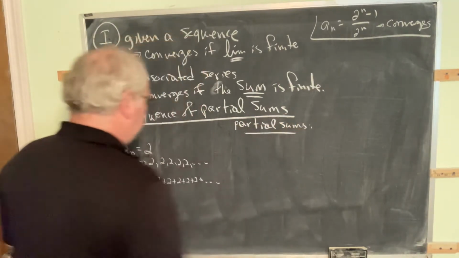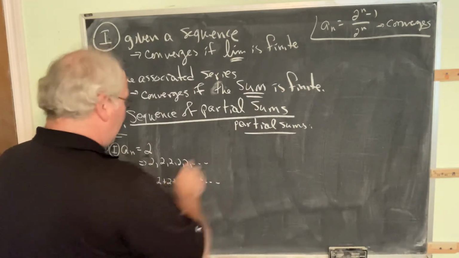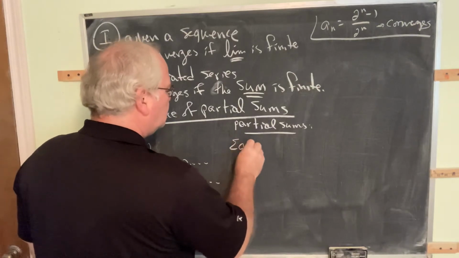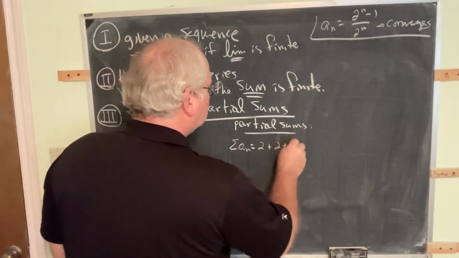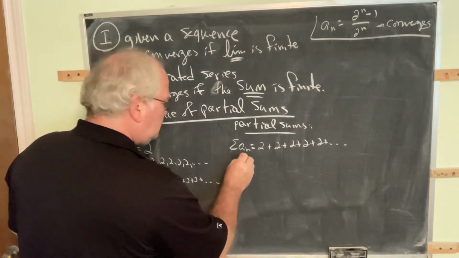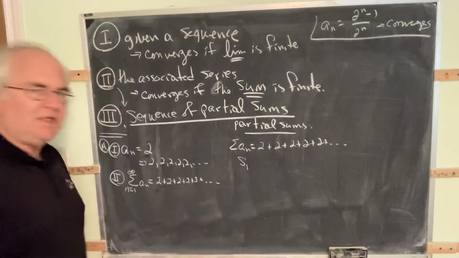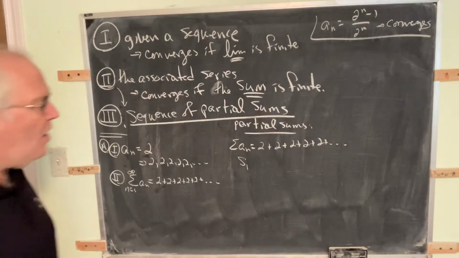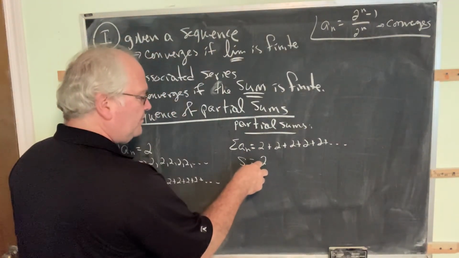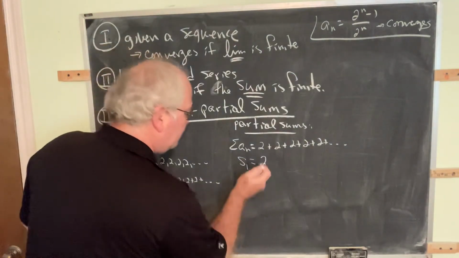I want to get a little space here. So for my series, I'm going to rewrite this. We have partial sum number 1. All that is the first term. All right? Partial sum number 2, try that again.